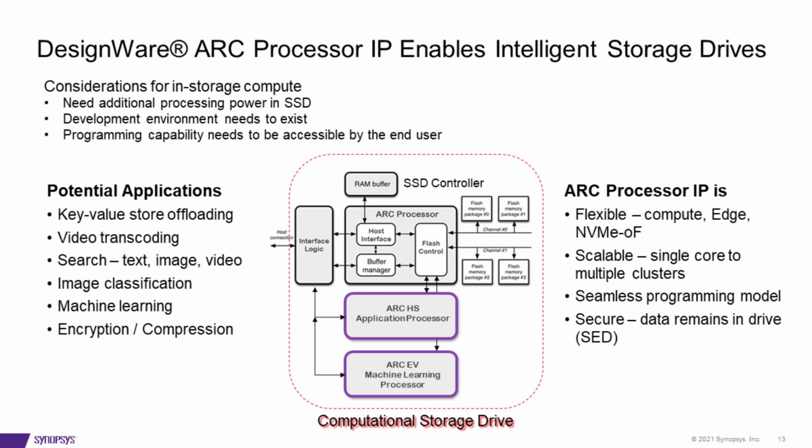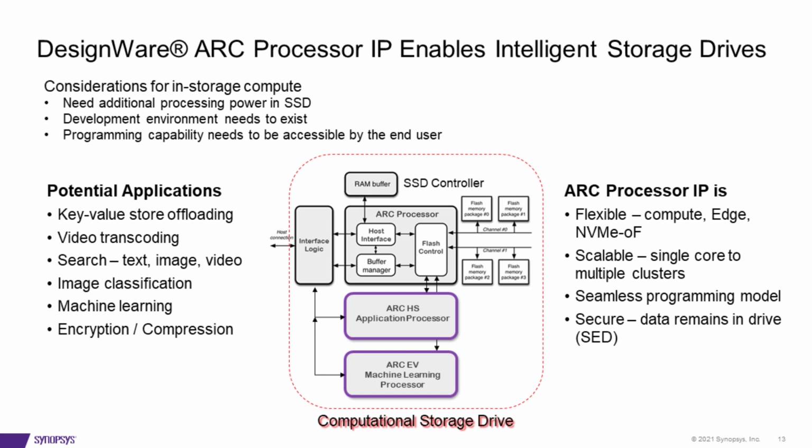Looking at the types of applications where you would want additional computational processing capability local to the drive itself, you want to look at things like key value offloading, video transcoding, and search, which is the example I just talked about, whether that's search for text, images, or video.